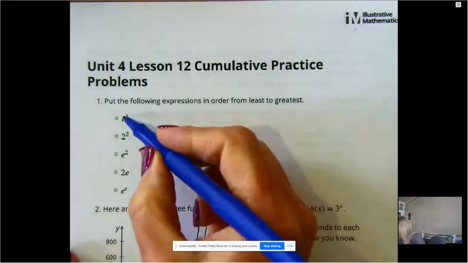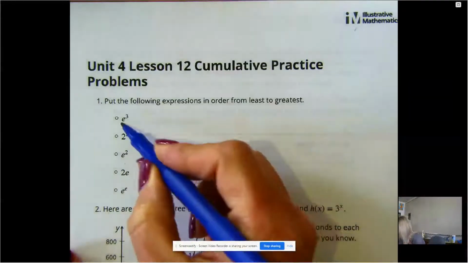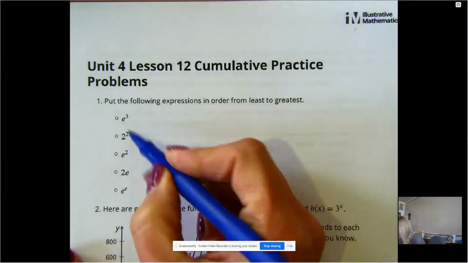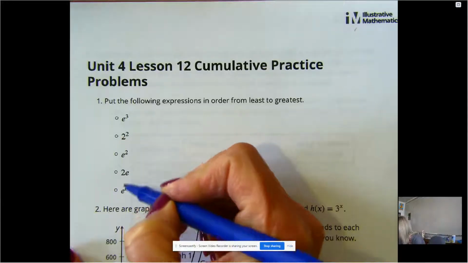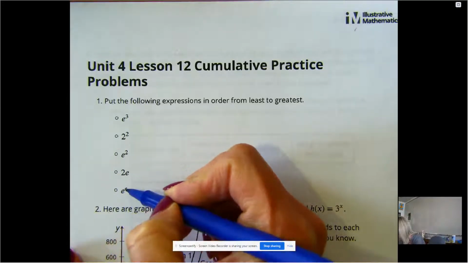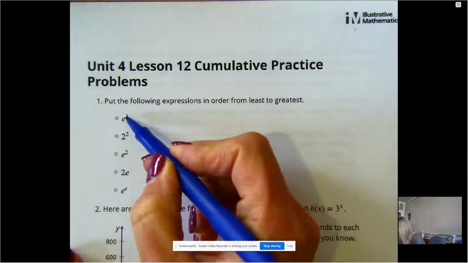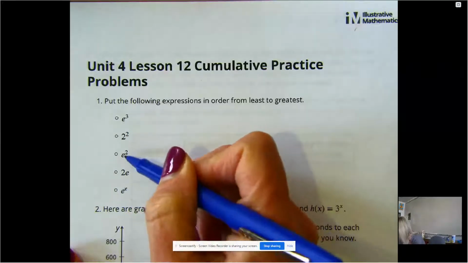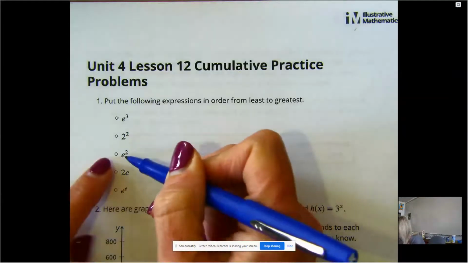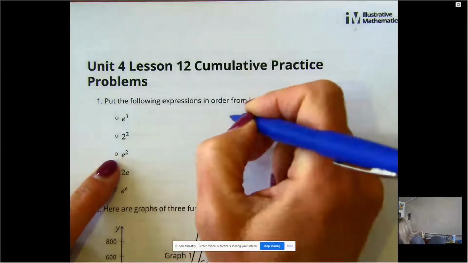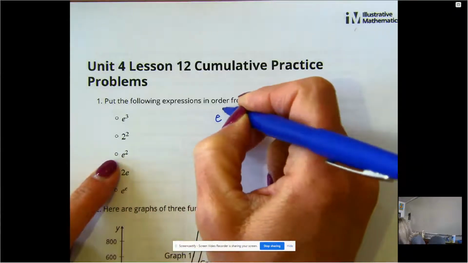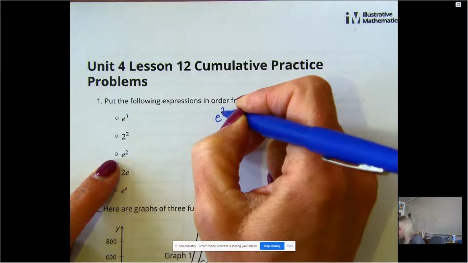But let's think about this. So if I have e to the third versus e to the second versus e to the e, okay? So out of those three, e to the second would be the smallest because its exponent is 2.